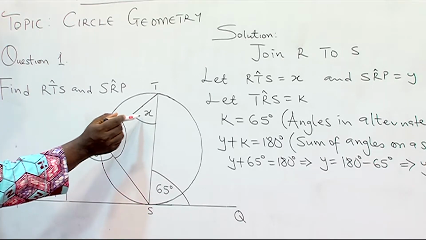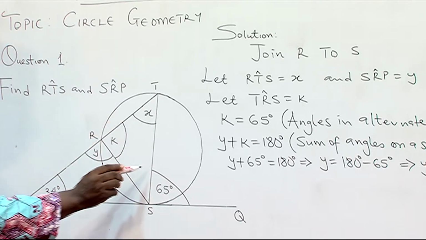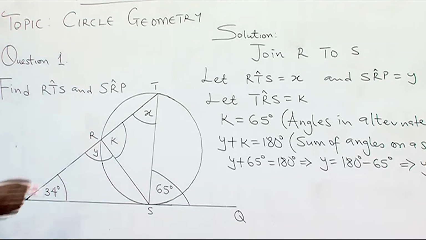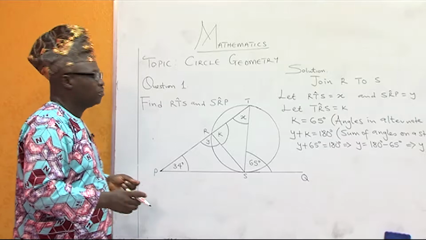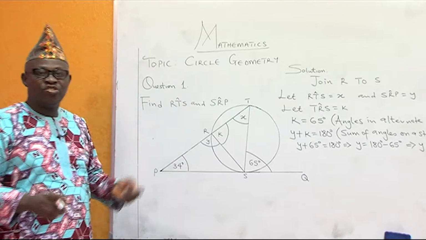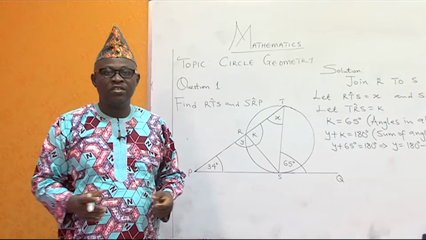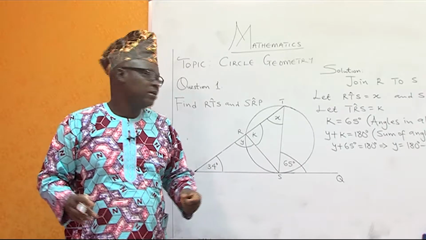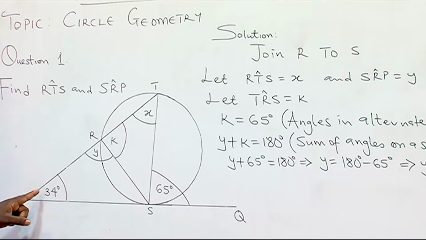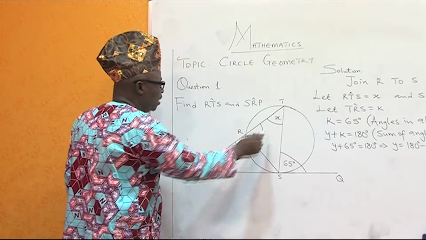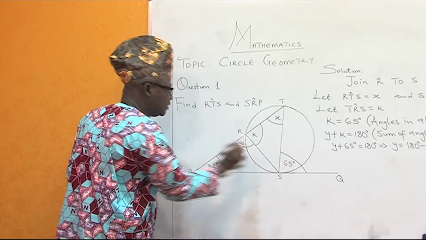The property I'm using is the property of a triangle that says that the exterior angle of a triangle is equal to the sum of the two interior opposite angles. I'm considering the triangle TPS.